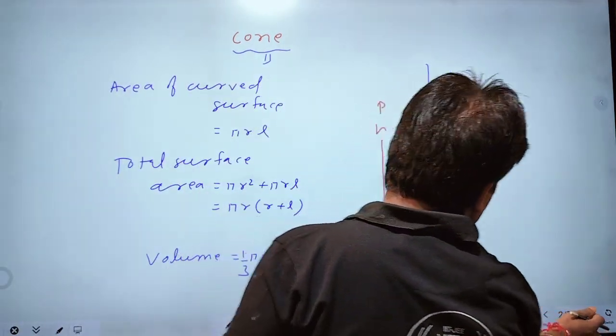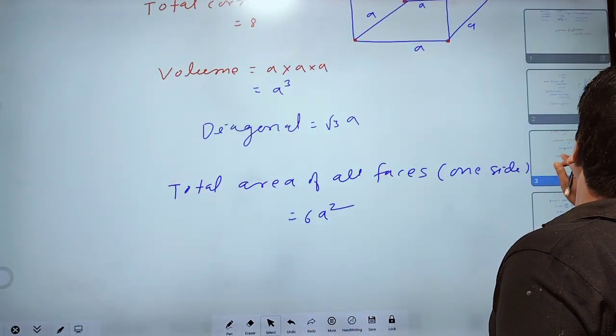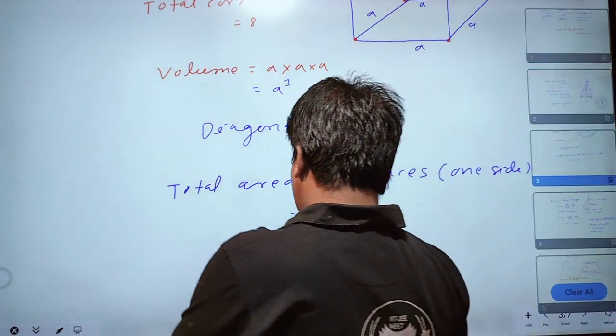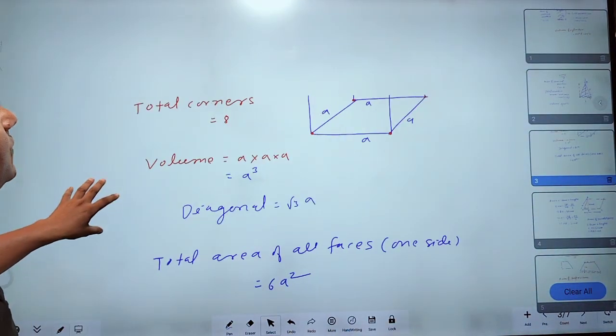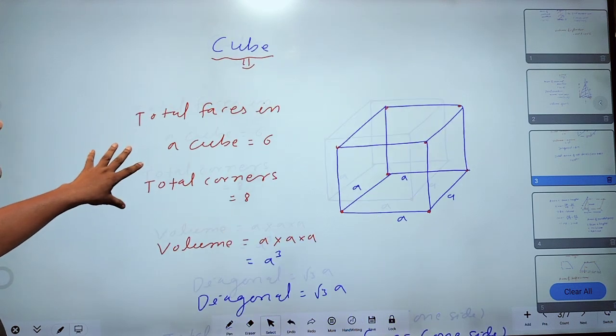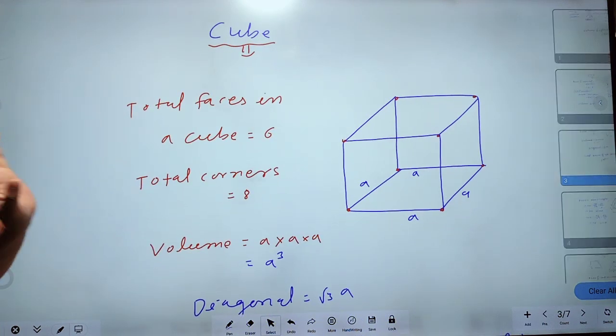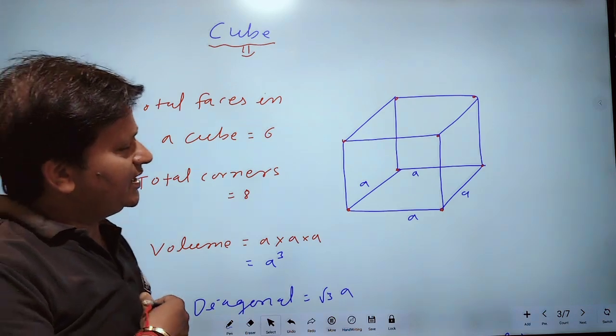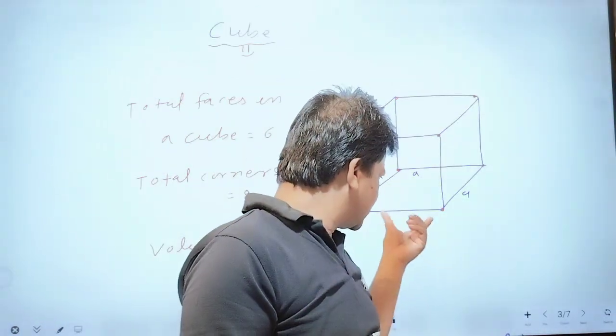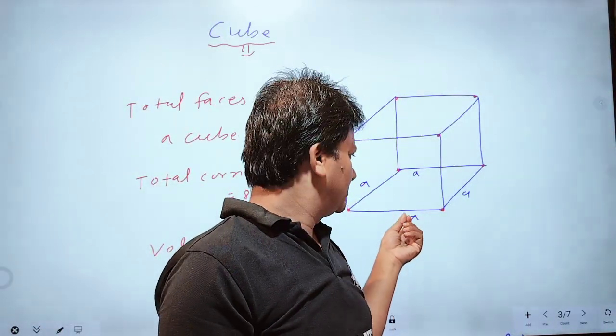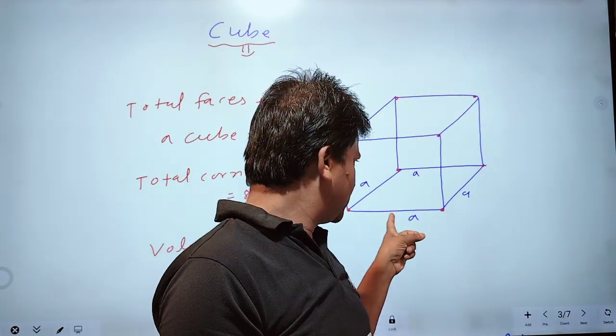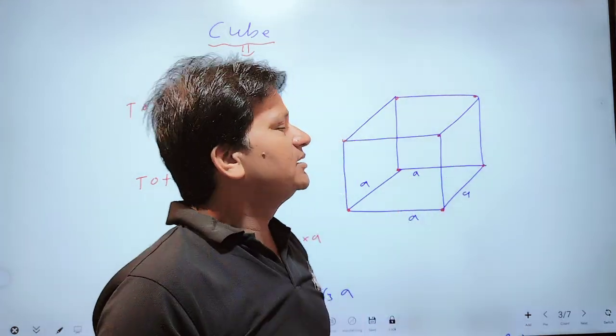Now I am going to discuss the cube. Cube has the same edge length. This is a, this is a, this is a.